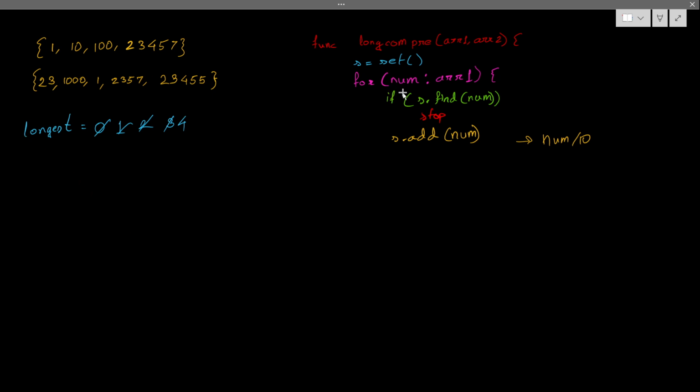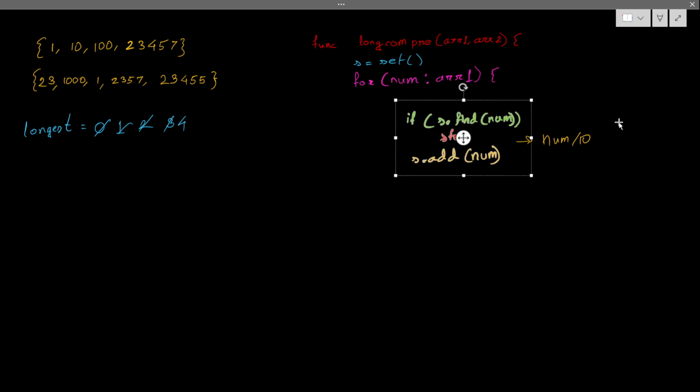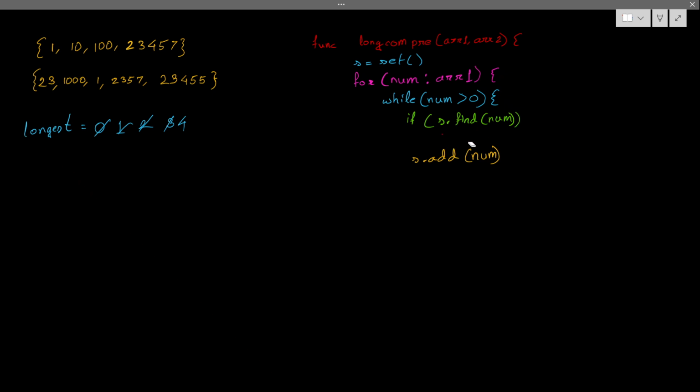So I have to do a while loop. Same logic I will use inside the while loop. So let's say while my number is greater than 0, I'll check what? If my number is already present, I'll say stop. Stop means here break. If it is already present, then break the loop.